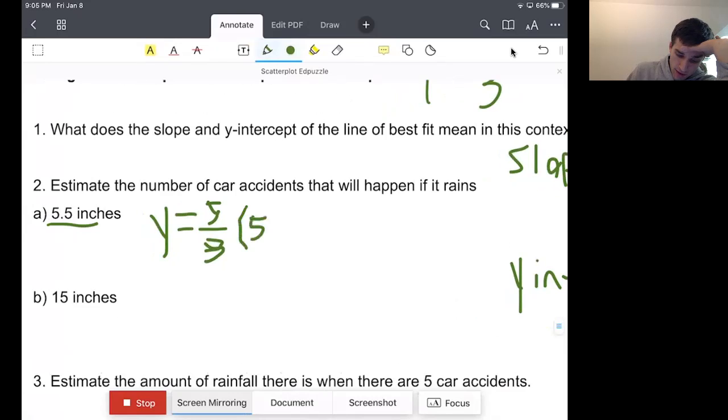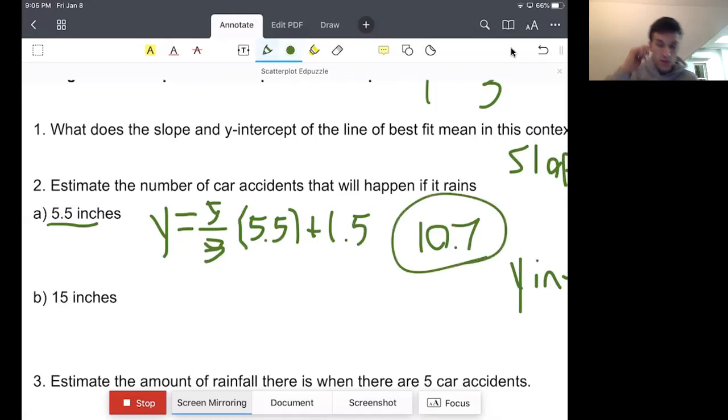So I'm going to plug in 5.5 for x. Now I'm going to solve for the number of car accidents. 5 over 3 times 5.5 plus 1.5 gets me about 10.7 car accidents. So 10, maybe 11 accidents that you can predict.